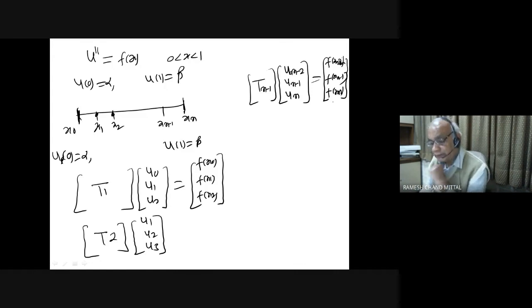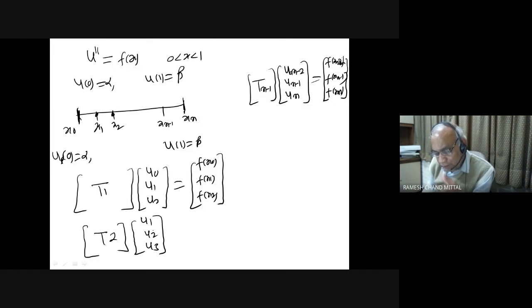This is a system in which I apply my differential quadrature locally for the x1 point, then the x2 point, up to the x(n-1) point. I will have this kind of structure. This is to be assembled. I'm sorry, this is not 2. Yeah, this is okay. So you have u1, u2, u3.